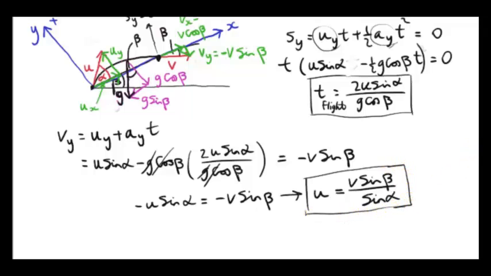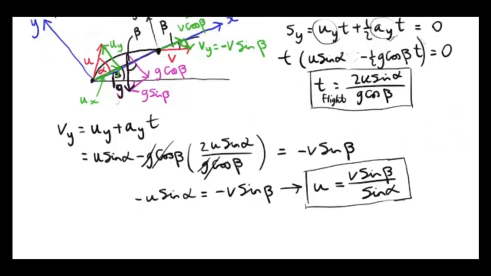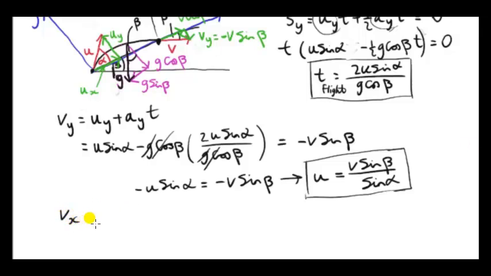So we looked at the y component of the final velocity. Now let's look at the x component. The final velocity in the x direction is the initial velocity in the x direction plus the acceleration in the x direction, which is constant, times the time of flight. Well, we're going to be plugging this in.